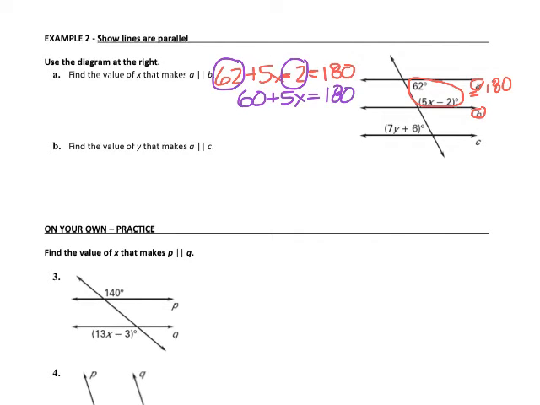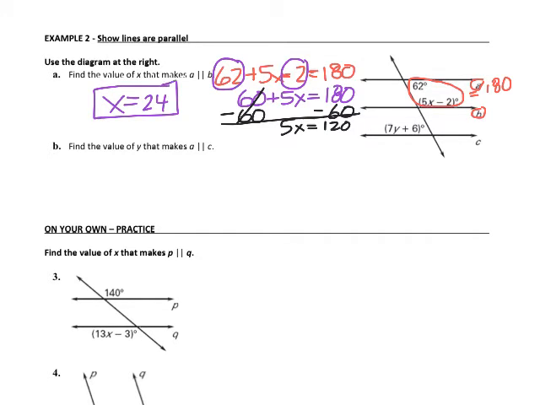And then I'm going to subtract 60 from both sides because those are terms that have no x. That cancels. 5x equals 120. And my answer for x here is going to be 24. So if x is 24, that makes this angle exactly what it should be so that the two angles add up to 180 degrees.